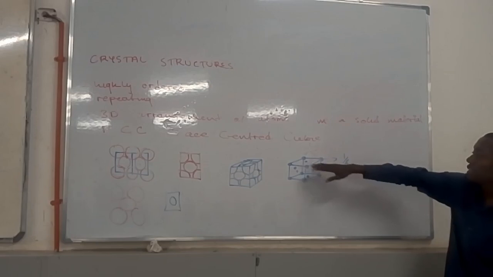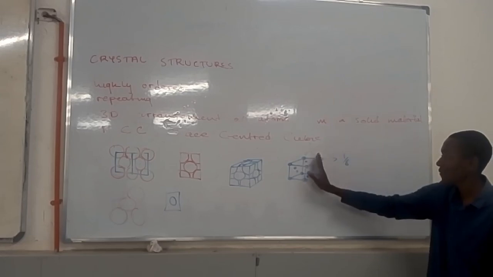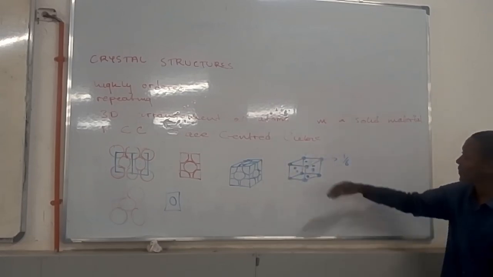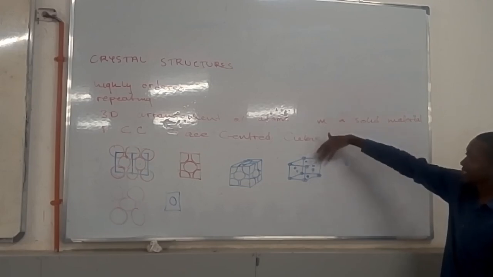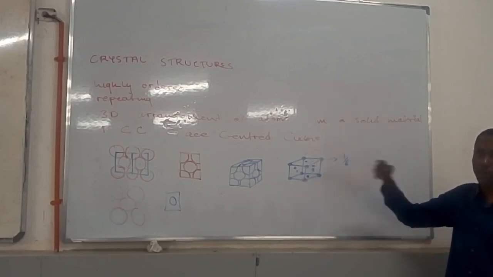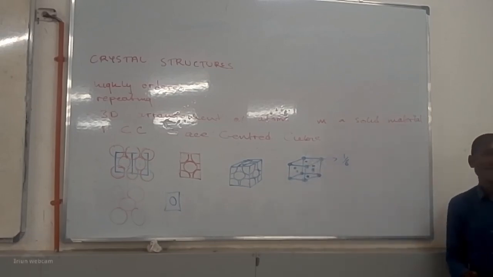We are saying on each face there is a half atom. There is a half atom here, half atom, that face that is that side, half atom. The face that is behind, the face that is at the bottom is what? Half an atom. So how many atoms does this unit cell have?